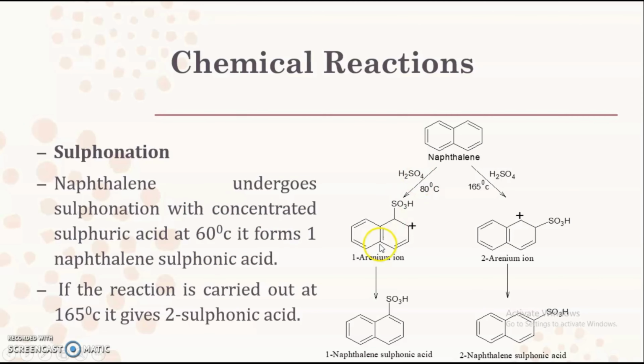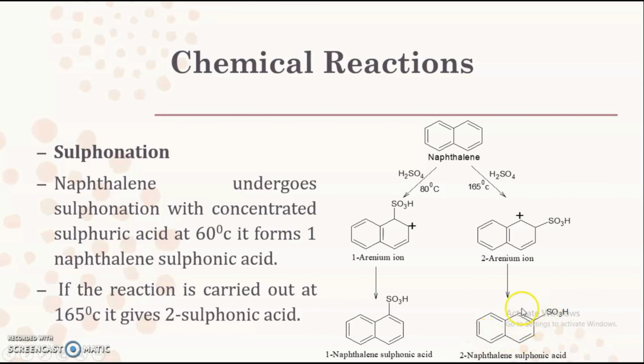At 60 degrees Celsius, there will be formation of the carbocation, which is known as the 1-arenium ion, and 1-naphthalene sulfonic acid will be formed. When a similar reaction is carried out at 165 degrees Celsius, there will be formation of 2-naphthalene sulfonic acid, where you can see the sulfonic acid group is present at the first position in one case, while in this case the group is present at the second position. So this is about the first chemical reaction, that is sulfonation.